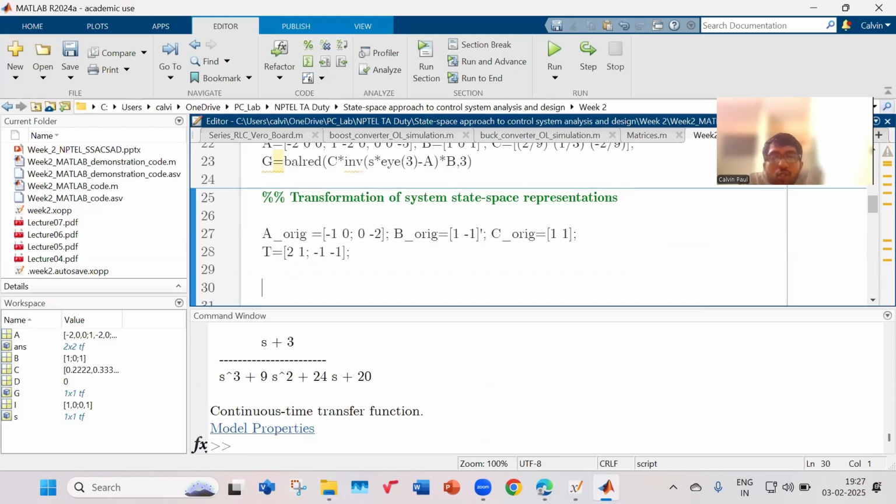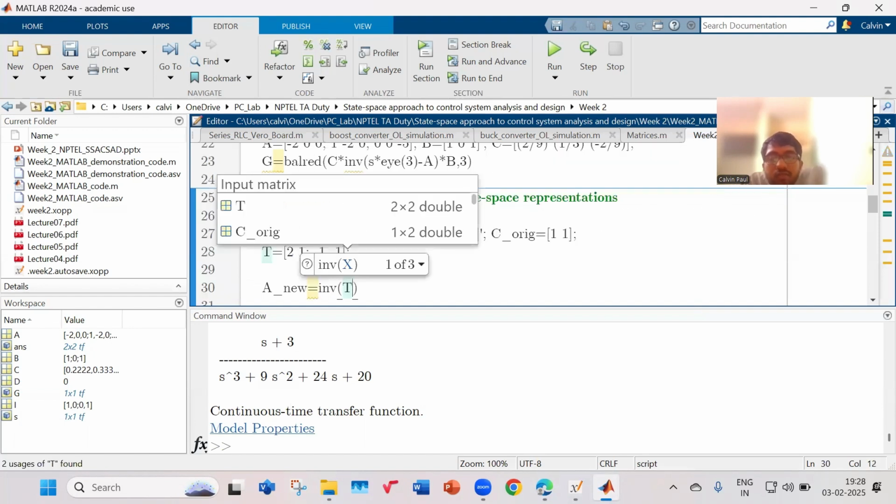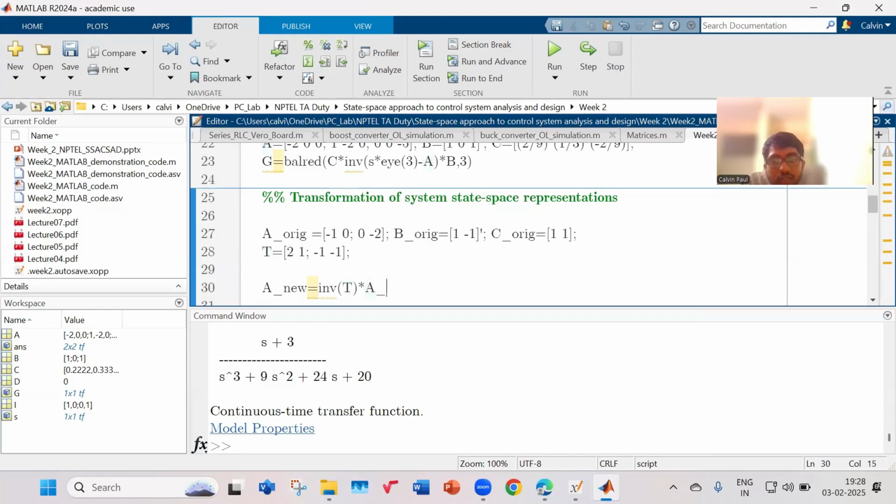So now the new updated A matrix should be given by inverse of T into A original into T. Okay, this is the matrix which we want. So let us run this section.